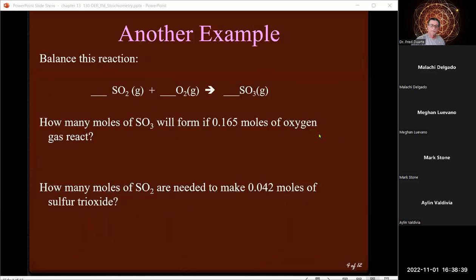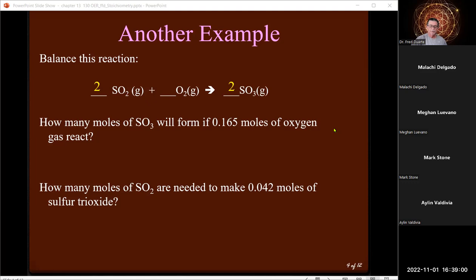All right, let's take this reaction here. It says balance the equation. So, you know, if we put a 2 in front of the sulfur trioxide, that gives us 2 sulfurs and 6 oxygen. So if we put a 2 in front of sulfur dioxide, that balances everybody.